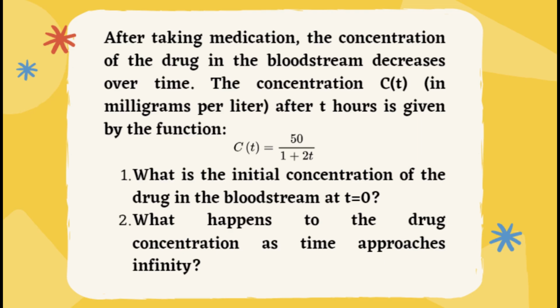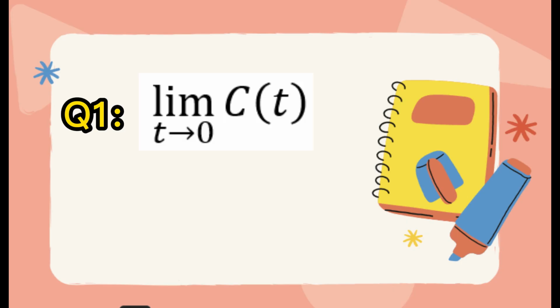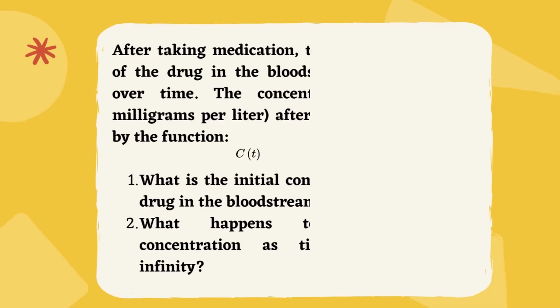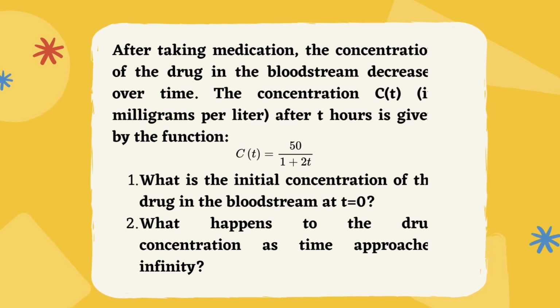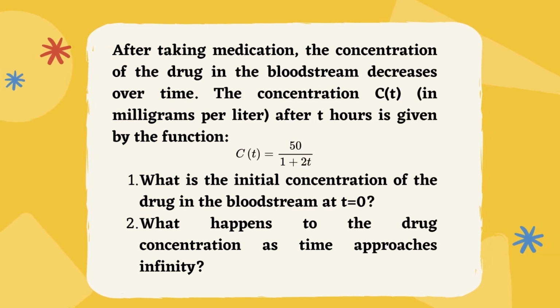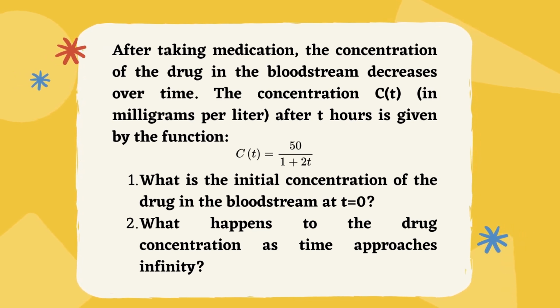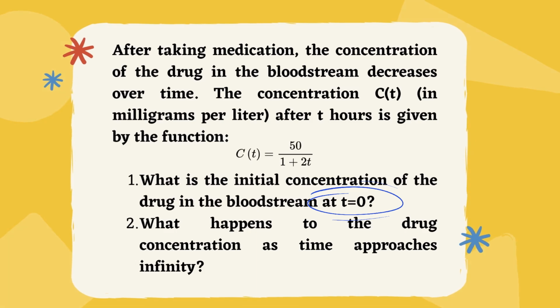Now, to address the questions, we can use limits. Using limits, we can analyze how the concentration changes both at the beginning and as time goes on. Take a few minutes to graph the function and explore its behavior as t increases. First, we find the initial concentration of the drug in the bloodstream at t equals 0 using the limit law.